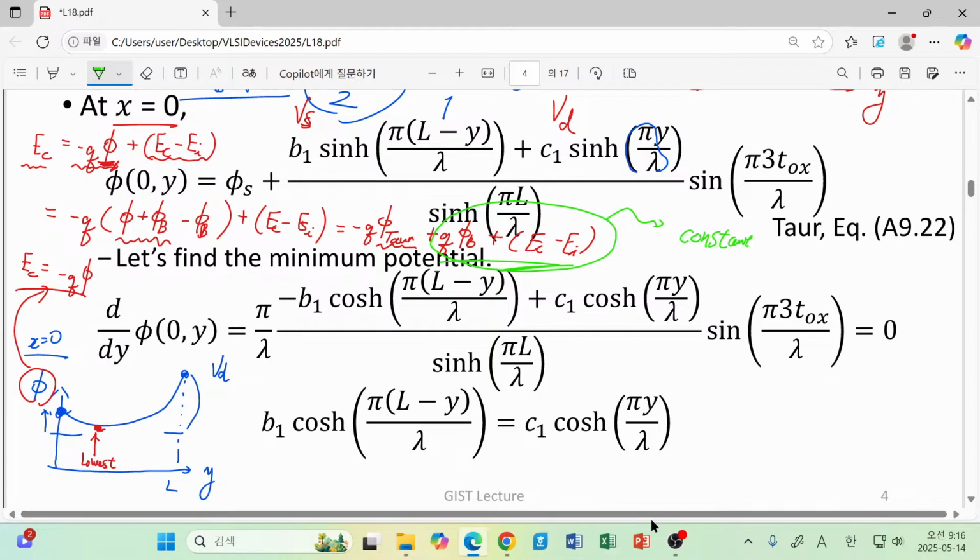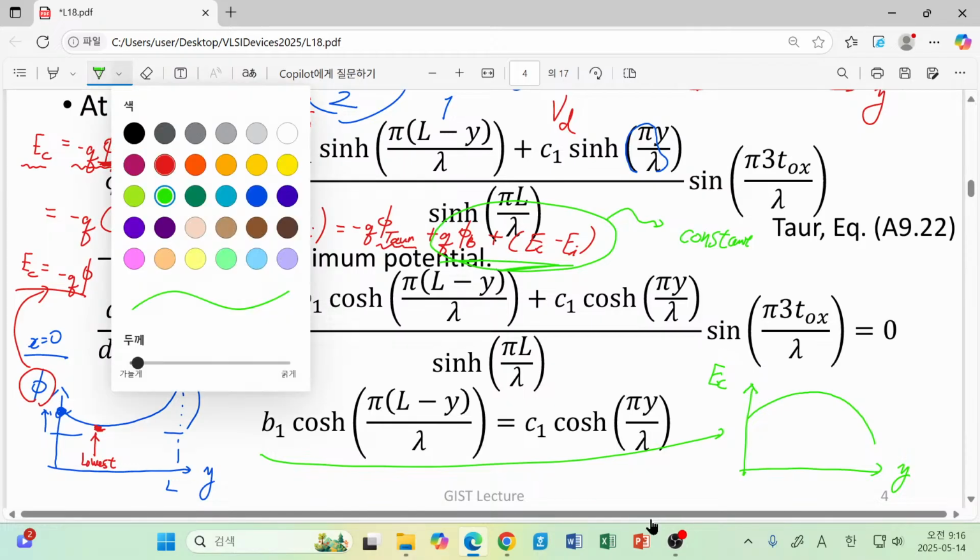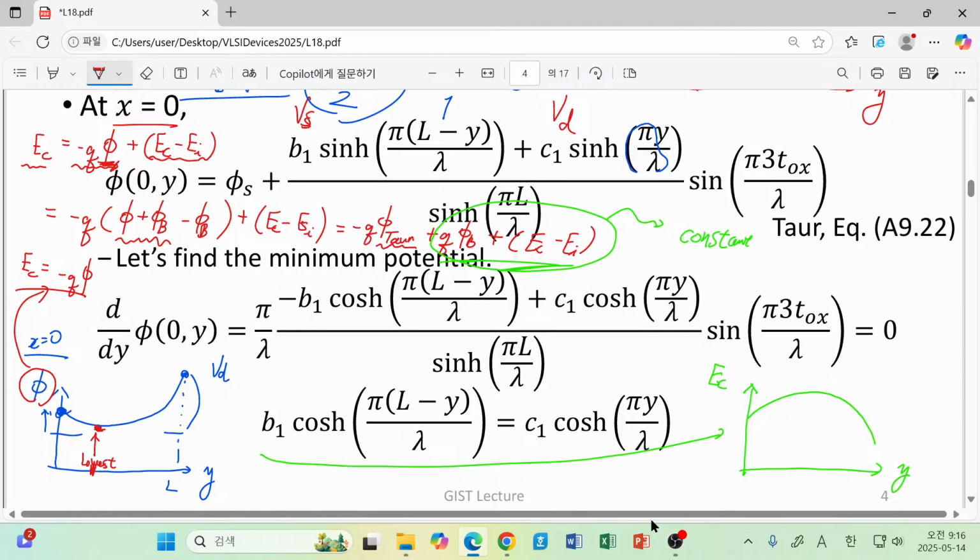So simply speaking, from this curve, we can draw in this way. Still the same y position, and now EC, and this EC can be regarded as following this form. So if we have a certain position with the minimum energy here, then at the same position we get the maximum value of our conduction band minimum energy.